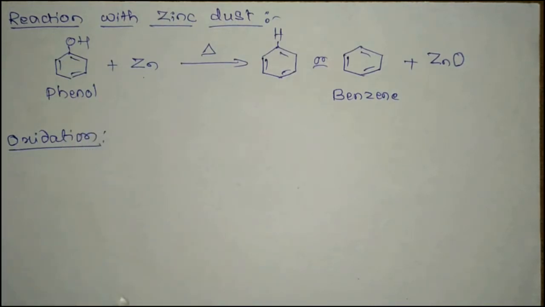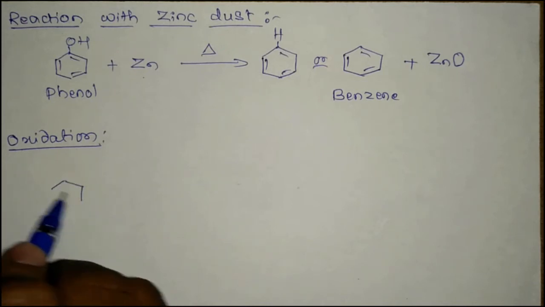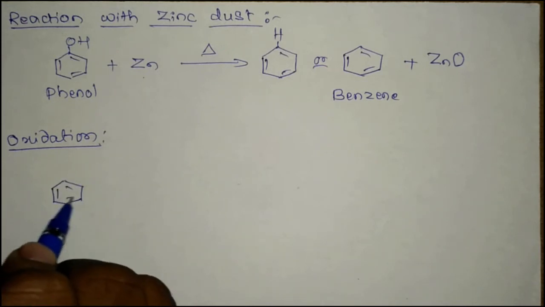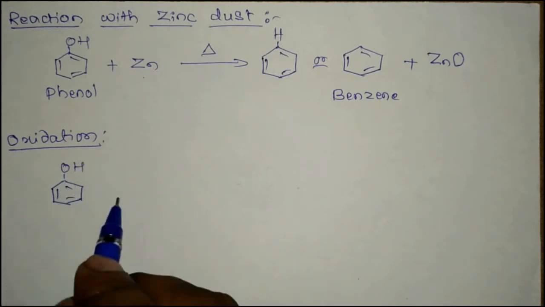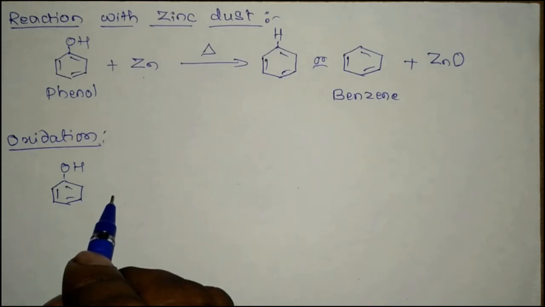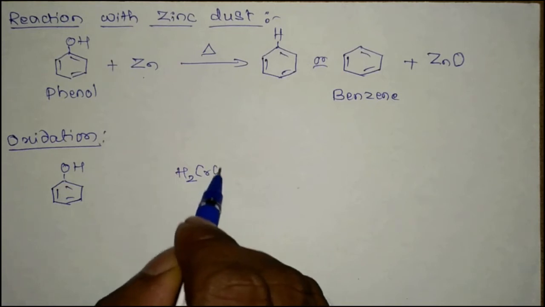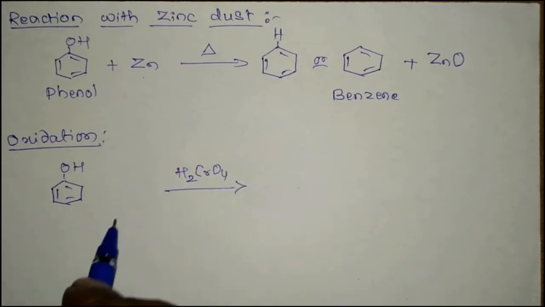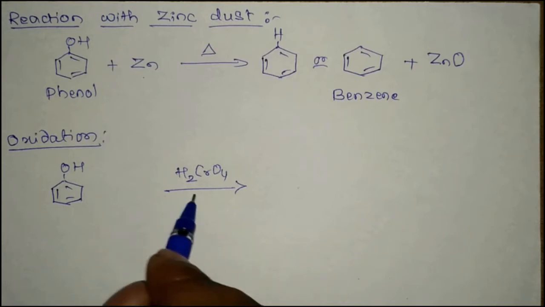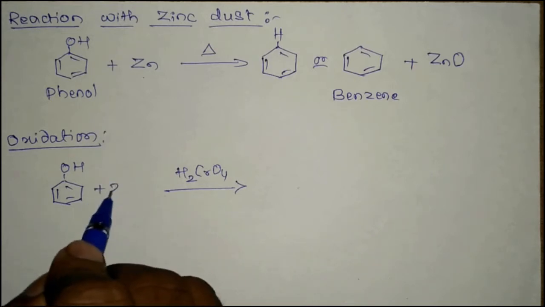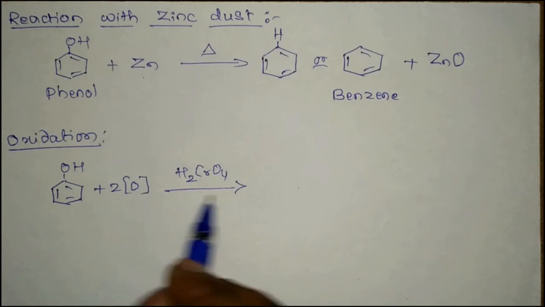When phenol is oxidized by using chromic acid, H2CrO4, by heating it, it undergoes oxidation.